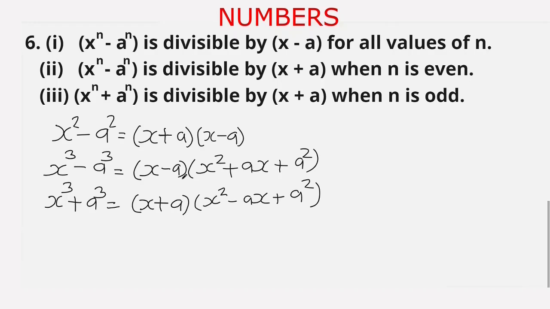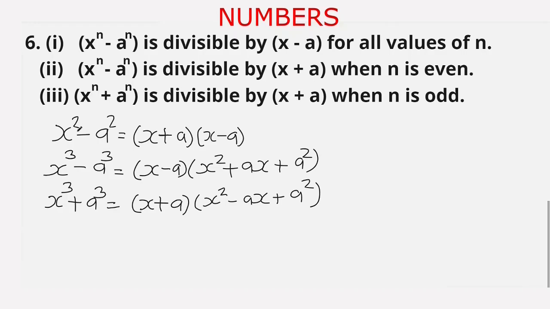Now x plus a divides x square minus a square because x plus a is a factor of x square minus a square. So when n is even, x plus a divides x to the power n minus a to the power n.